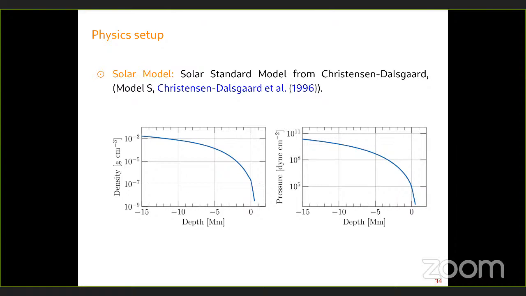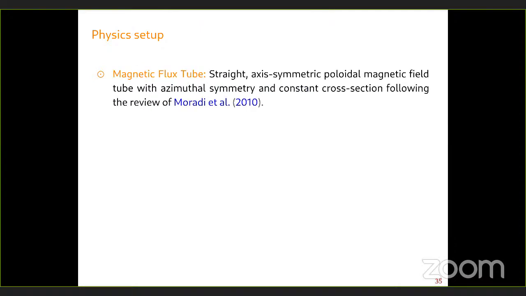The exterior of this tube is filled with the values given by the solar standard model, and the interior of the magnetic flux tube is actually placed with a magnetic field with constant cross section and axis symmetry. This follows the review of Martínez et al.